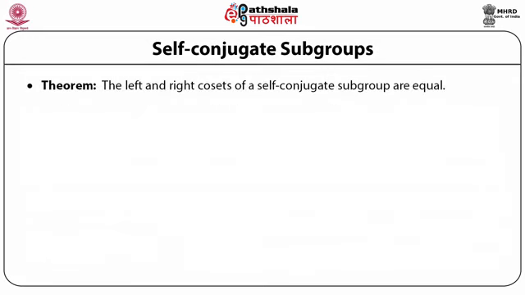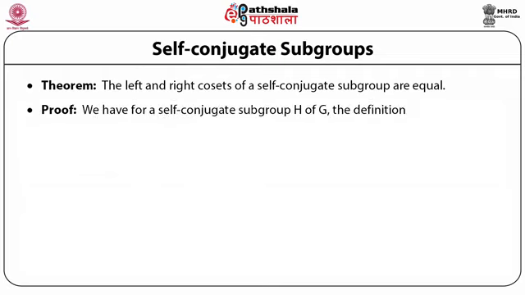Theorem. Self-conjugate subgroups have the following important property: the left and right cosets of a self-conjugate subgroup are equal. The proof is as follows.